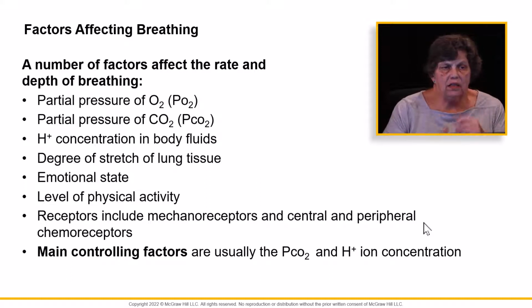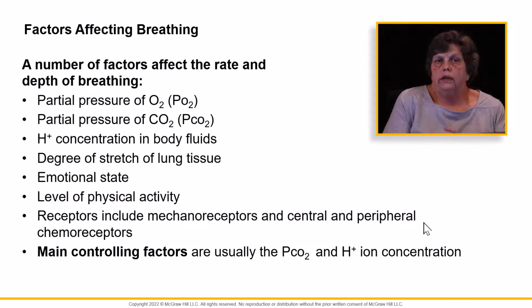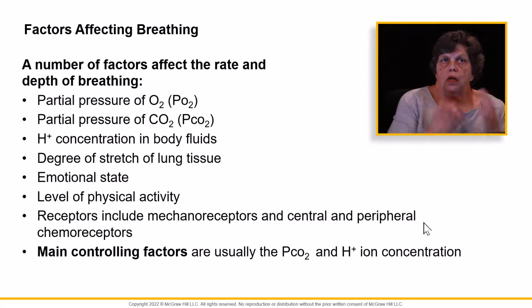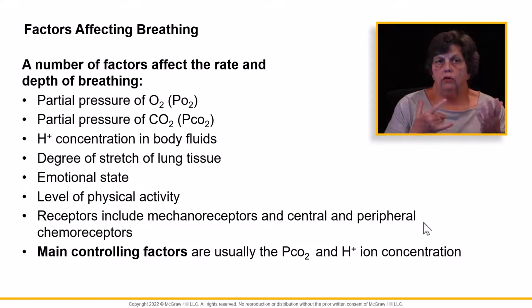So the factors that affect the rate and the depth of the breathing would be the partial pressure of oxygen, partial pressure of CO2. You go to Colorado, where it's 10, 12,000 feet, and you go skiing, it's harder to breathe unless you live there.